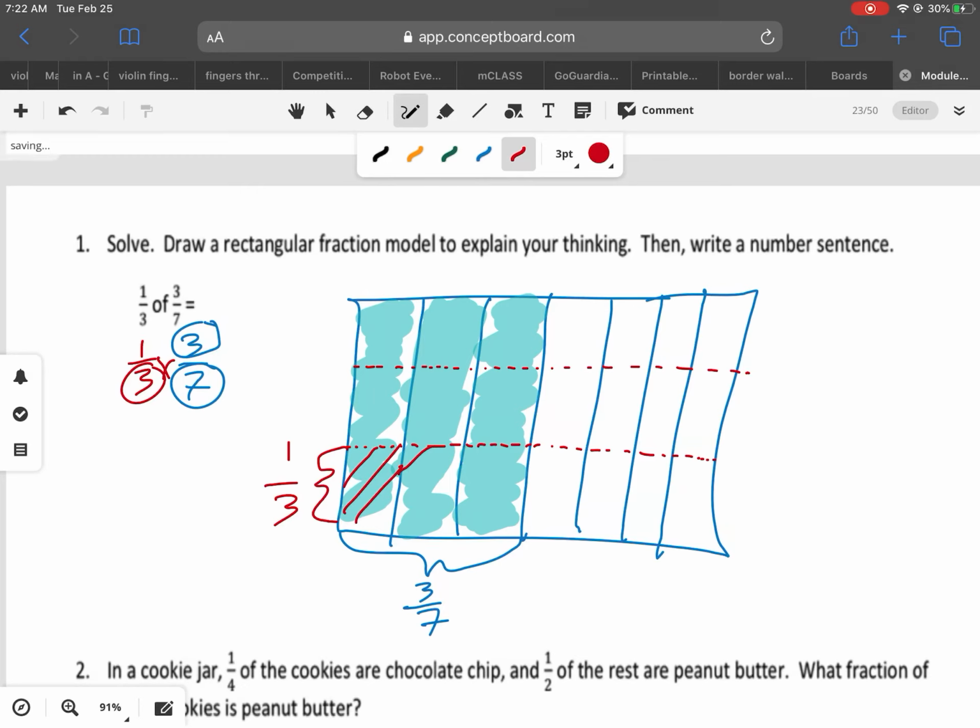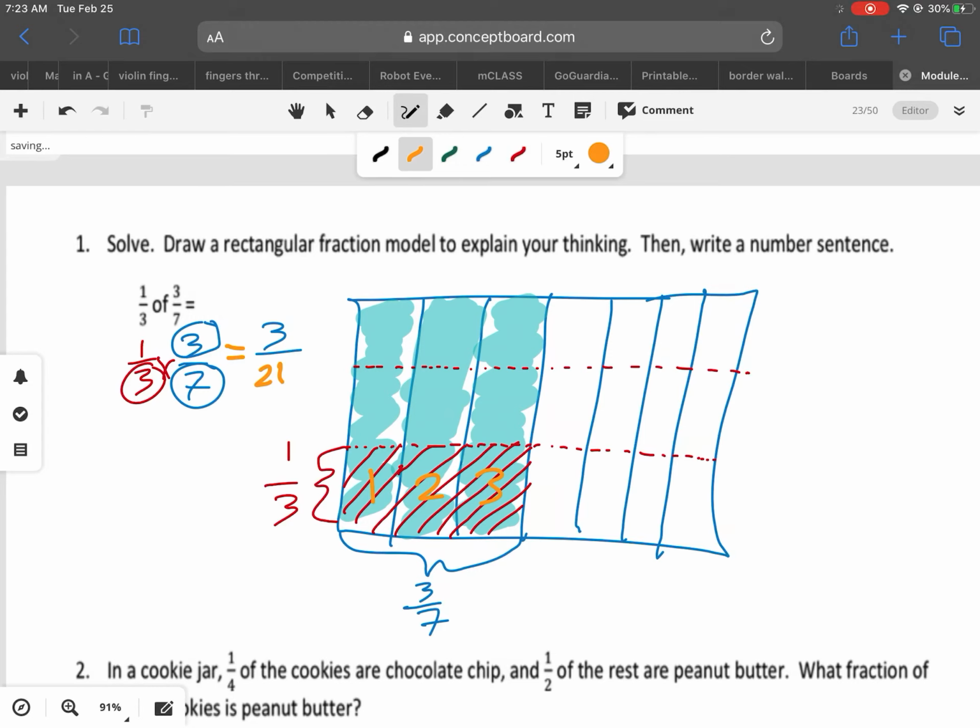Okay, so our 1/3 is going to be this section. So our new number is going to be 3/21.